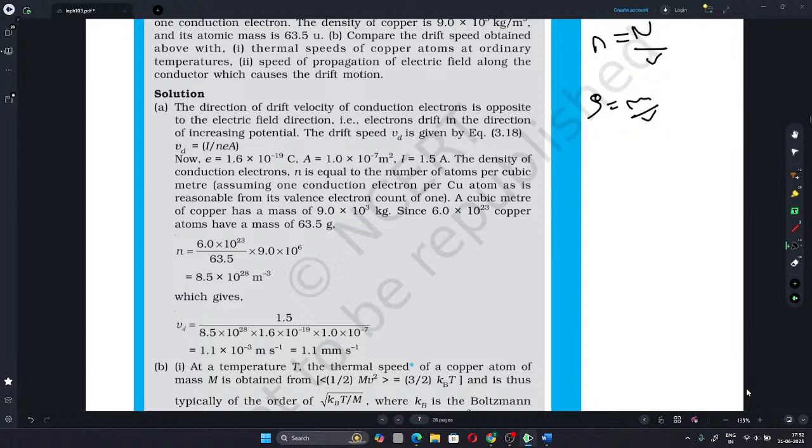A cubic meter of copper has a mass of 9 into 10 power 3 kg. So 6.0 into 10 power 23 copper atoms have a mass of 63.5 grams.